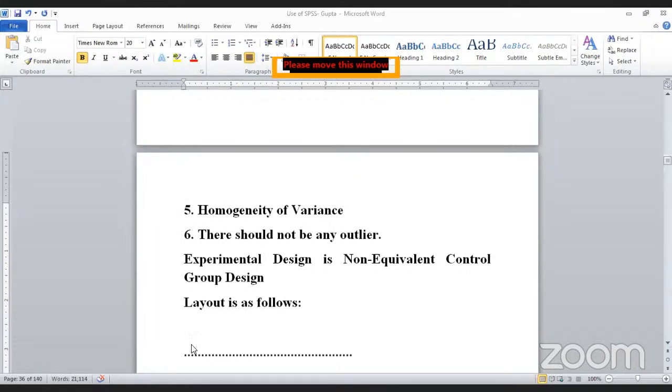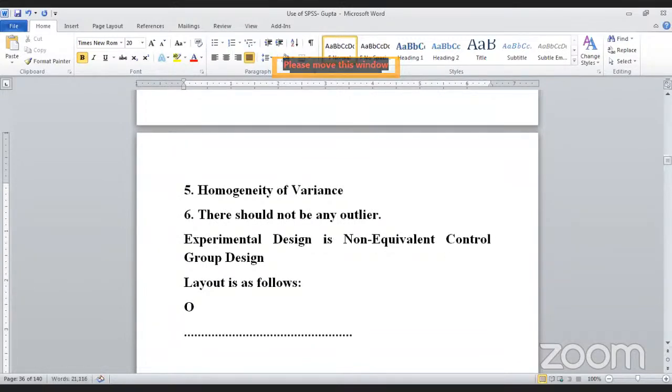So what you do is you have to take the pre-test in both the groups. I will tell you. Suppose you take your weight.